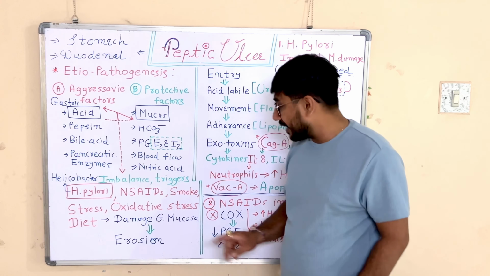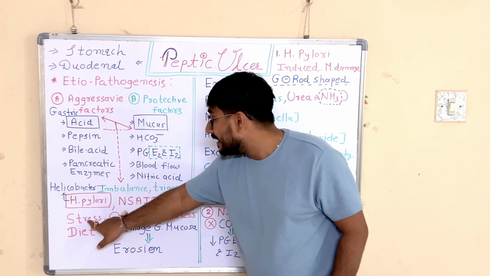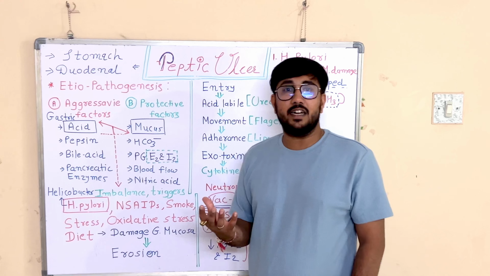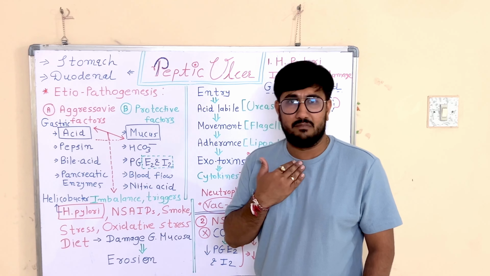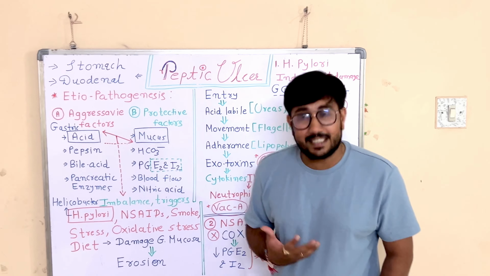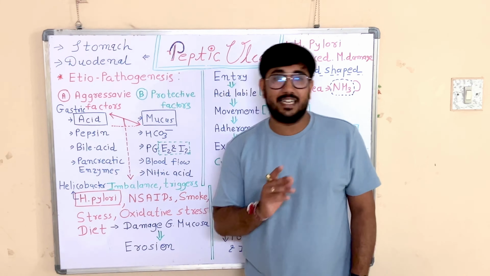Other factors are also there, that is smoking, chronic cigarette smoking, stress. In the stressful condition, a person might feel that there is a heartburn, there is an esophagus problem, there is acidity, those kind of issues, oxidative stress, and of course the diet.